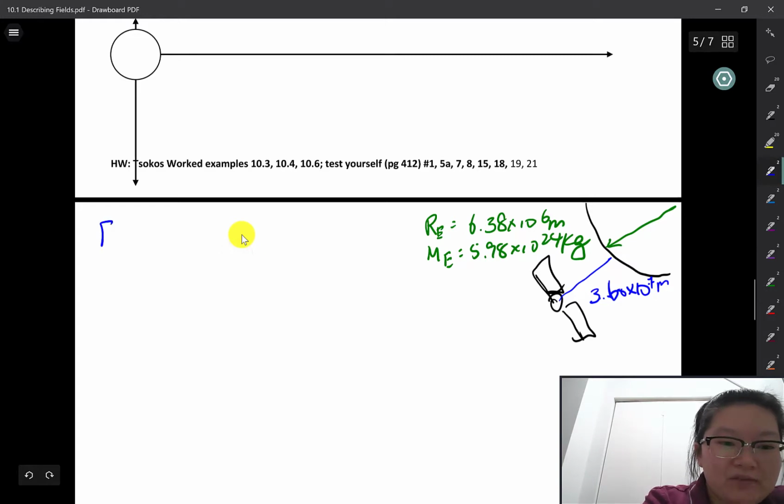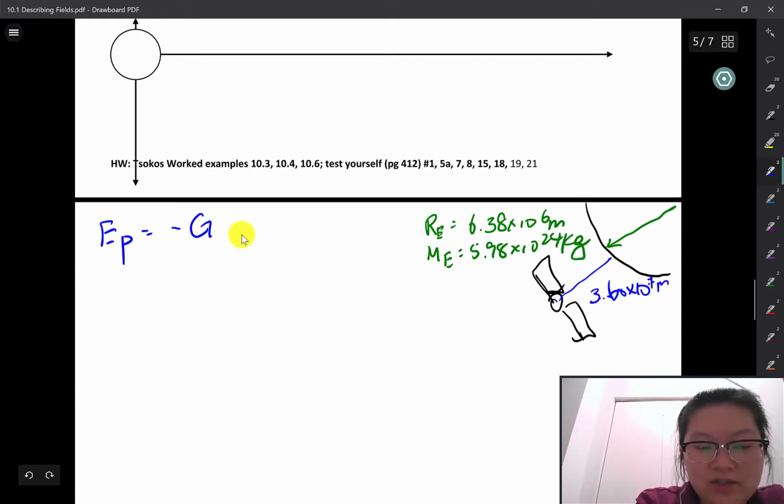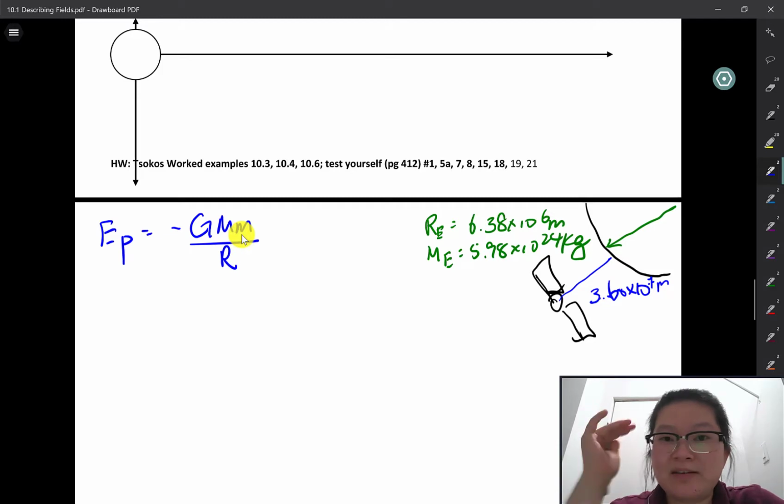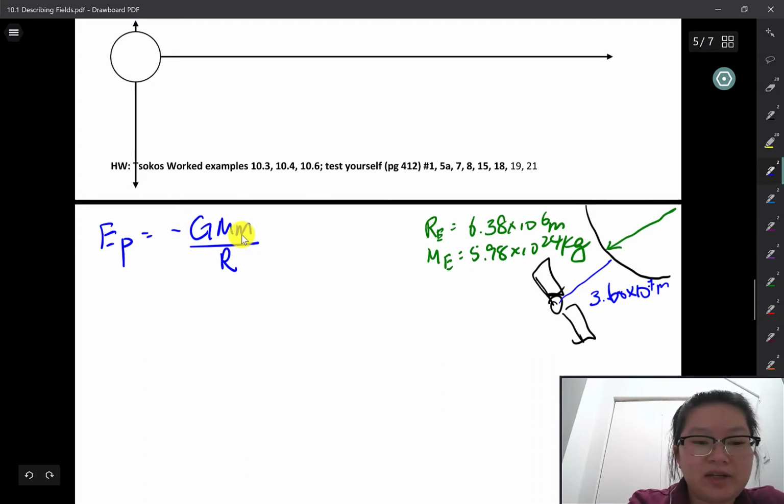Gravitational potential energy, we know, is equal to negative big G, big M, small m over R, which is the distance of separation from the center of one mass to the center of the other mass. So let's put in these numbers.